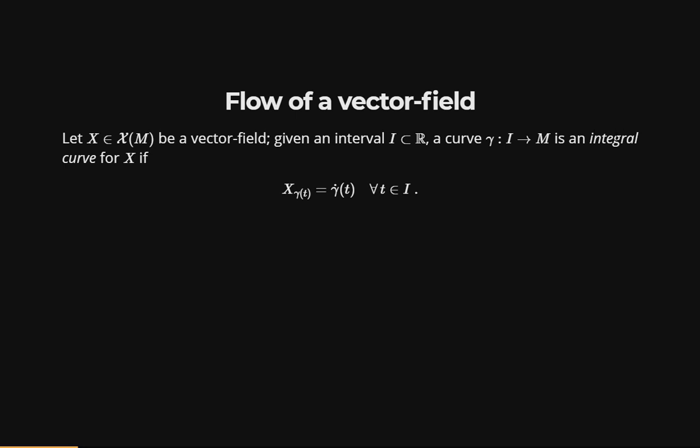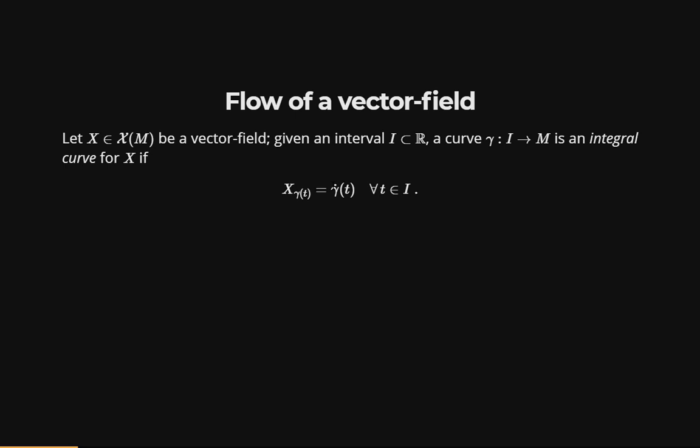A curve is called an integral curve for X if the tangent vector, if X at a point of the curve is equal to the speed of the curve at that point, so to the tangent vector of the curve at that point. So if this holds on the whole of the interval, you say that the curve is an integral curve for the vector field.